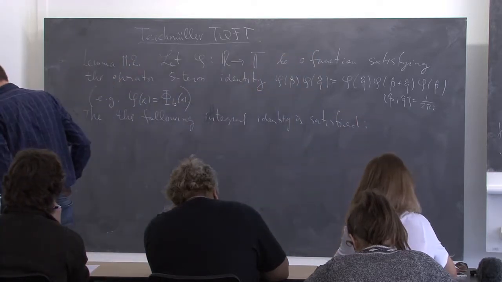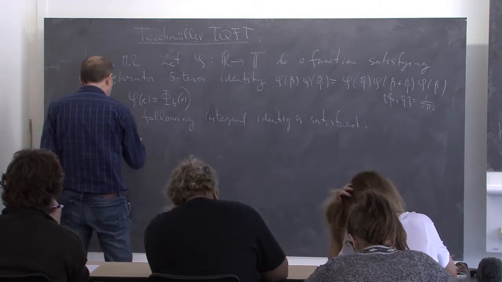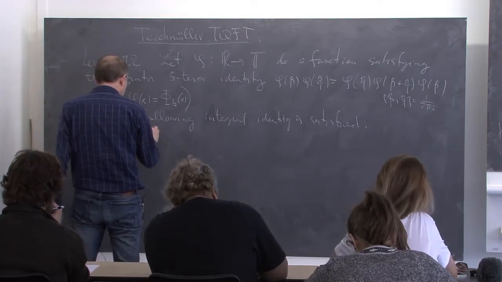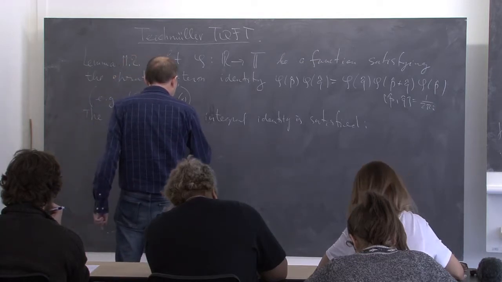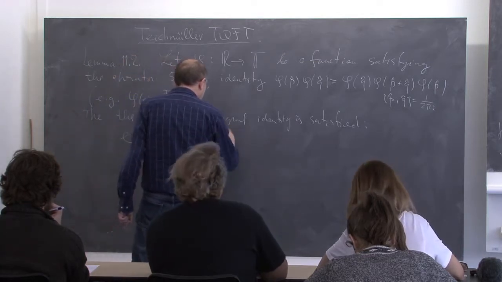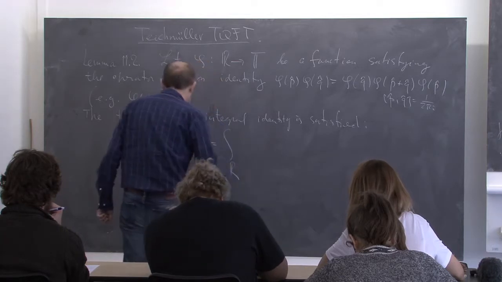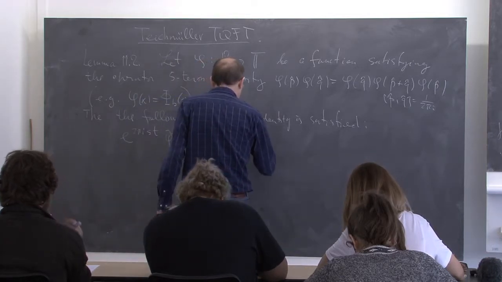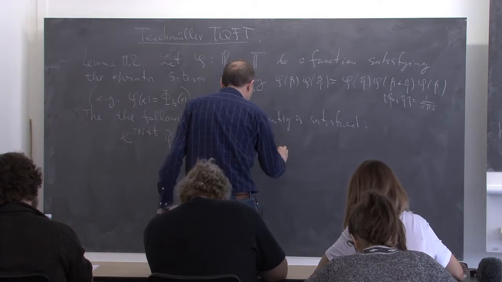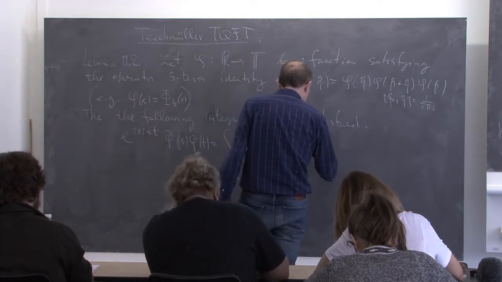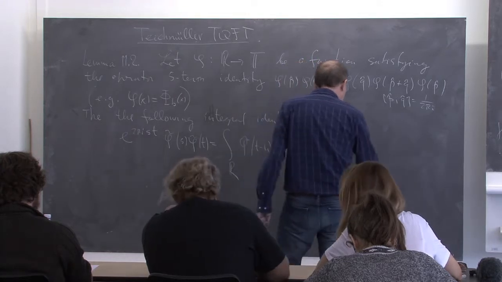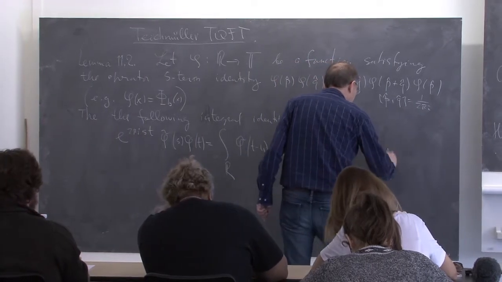It is: e^{2 pi i st} phi tilde of s, phi tilde of t, is equal to the integral over the real line of phi tilde of t minus u, phi tilde of u, phi tilde of s minus u, e^{pi i u squared} du.